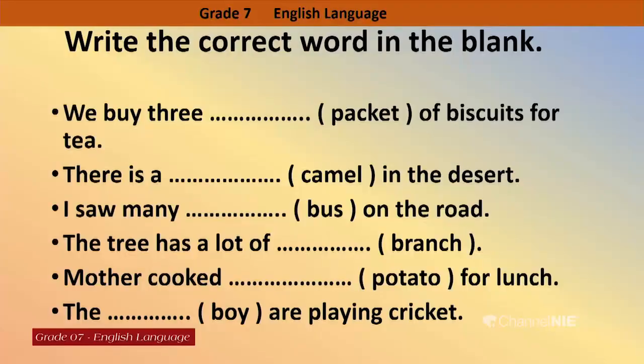Camel, again the same thing. Bus, now there is a change. The word ends with s, so you have to remember the rule. Branch, there the word ends with ch. Potato, the same thing, and again boy. So, remember the rule and complete the words.